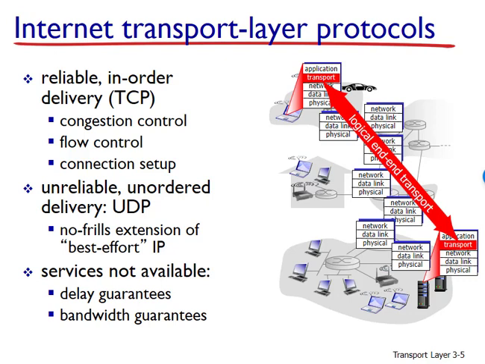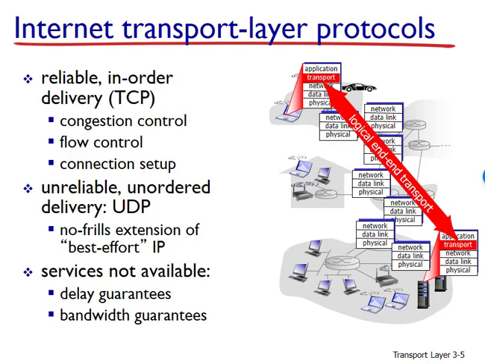Nevertheless, certain services can be offered by a transport protocol even when the underlying network protocol doesn't offer the corresponding service at the network layer. For example, as we'll see in this unit, a transport layer protocol can offer reliable data transfer service to an application even when the underlying network protocol is unreliable.